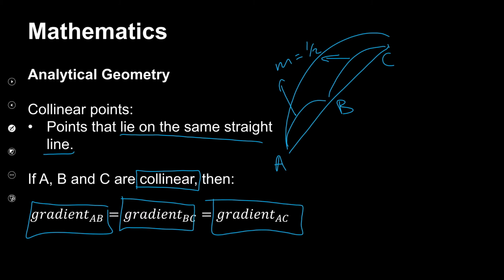Or all three terms that you have here, gradient, gradient, gradient. No, you just choose two. If you're considering AB, you can use AB and maybe BC, or you can use AB and AC, or you can use BC with AC. It doesn't really matter. But the fact that they are collinear makes them have the same gradient.